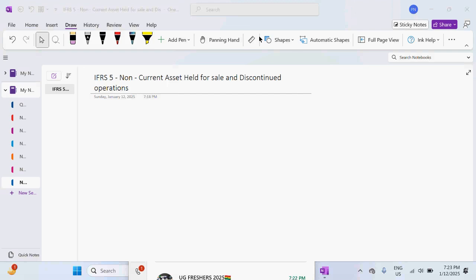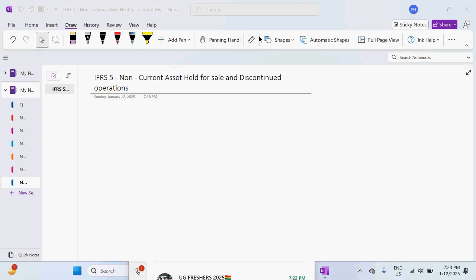From our basic knowledge in accounting, we know that a non-current asset is an asset that is used purposely for the production of goods and the rendering of services. That is what we know for non-current assets.